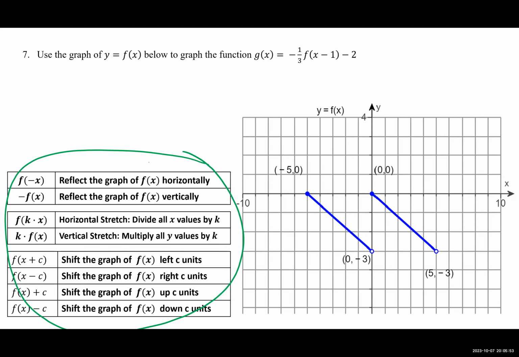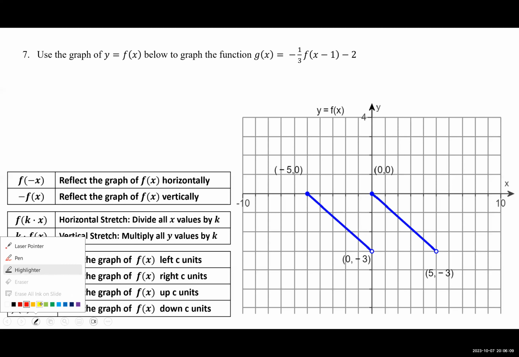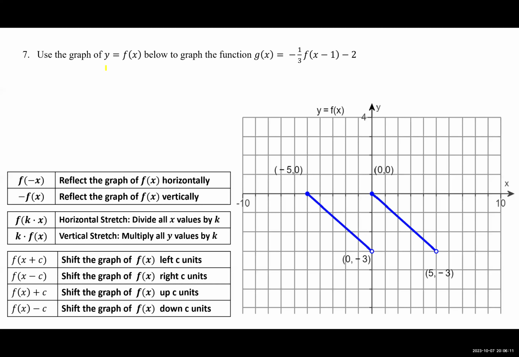I've got all possible transformations: moving left, moving right, moving up, moving down, stretching horizontally, stretching vertically, reflecting horizontally, reflecting vertically. This is everything you could possibly do. So what's going on with this function up here? Use the graph of y equals f of x.